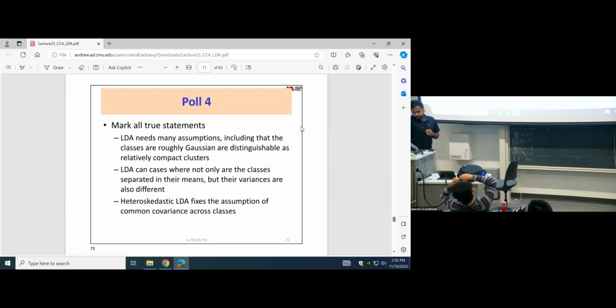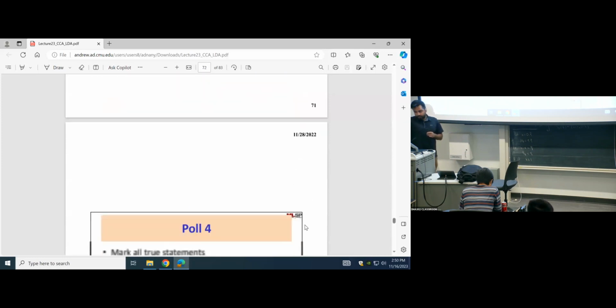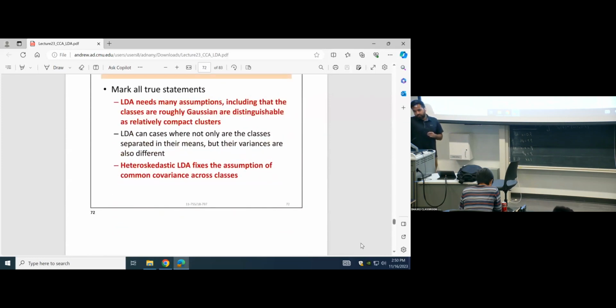So this is the last goal, the first and last.